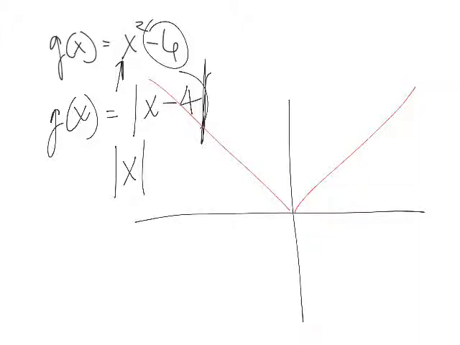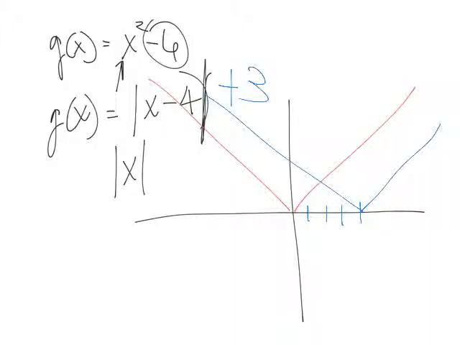When I subtract 4 from it, it means that I am shifting this graph, this red graph, to the right 4 places. 1, 2, 3, 4. And then it's going to be the exact same. Since nothing is added to it, like a plus 3, or subtracted from it, it doesn't shift up or down. It just moves left or right based on what this is. Since it's a minus, it moves it over to the right. So we already did the square root of x plus 2 minus 3, so we're good to go there.